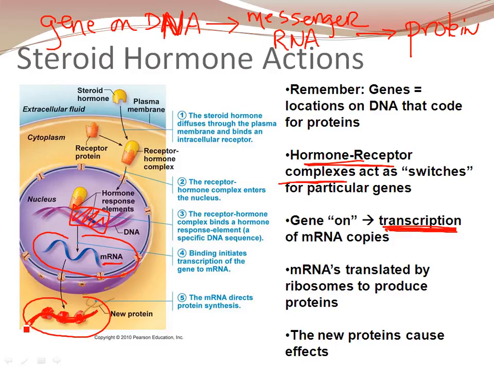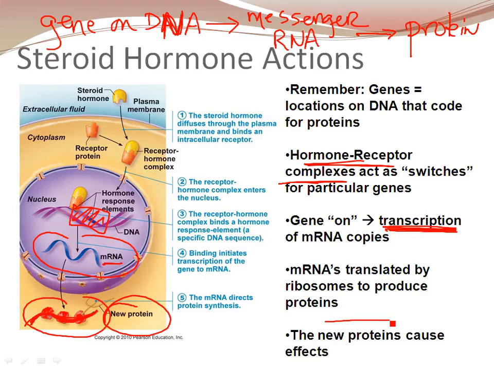They read the chemical code on that messenger RNA molecule, and that tells them how to build a new protein. It tells them which amino acids to use. You have 20 different types of amino acids in your cells that can be put together in various combinations and various lengths, and those are used to build different types of proteins.